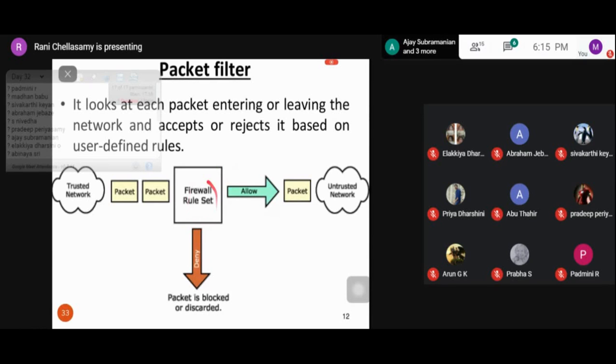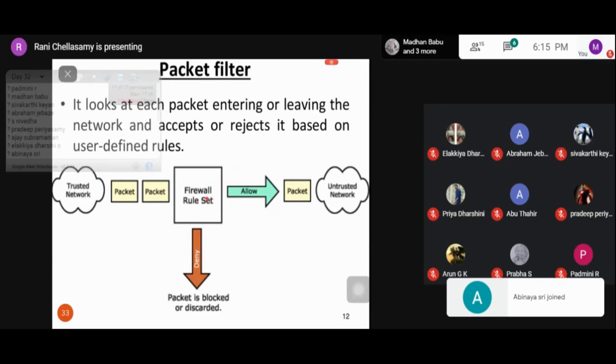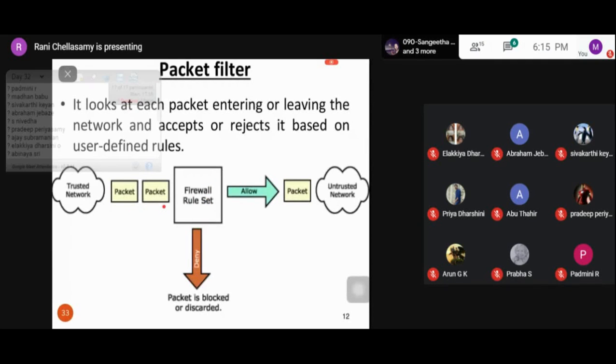It goes on searching whether any rule has been specified for those packets coming from the trusted network. Once it is checked, the rule states whether to allow the packet to enter into the untrusted network, or to deny the packet. Deny means it can block or reject the packet.